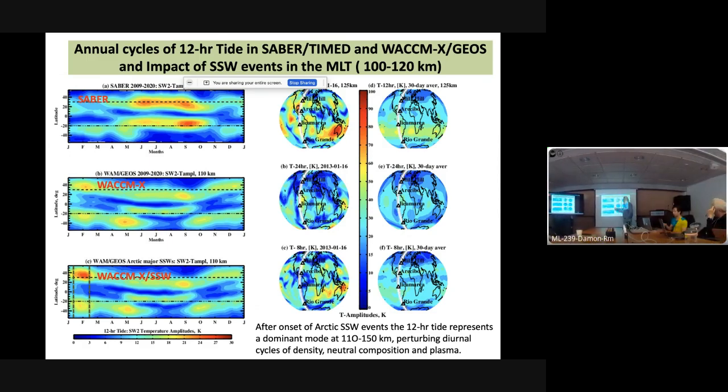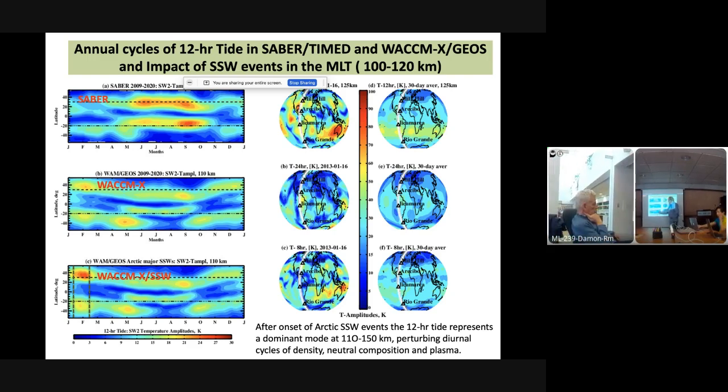You can see here one more feature of event-driven variability in the semi-diurnal tide at this particular height above 110 kilometers. We have amplification of the semi-diurnal tide during stratospheric warming events, which actually exceeds all maximum amplitudes of the tide at this height during all seasons.